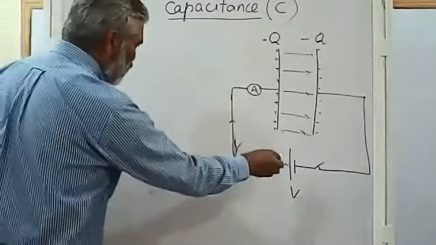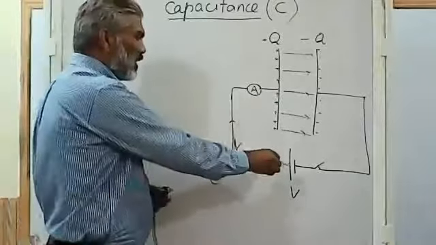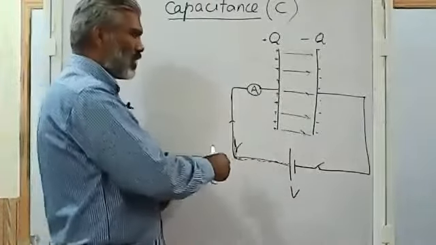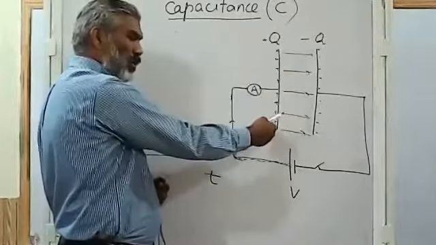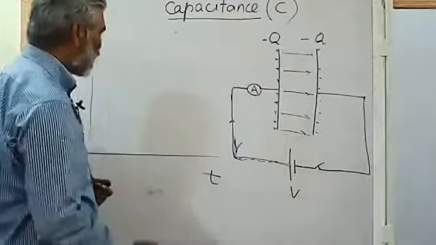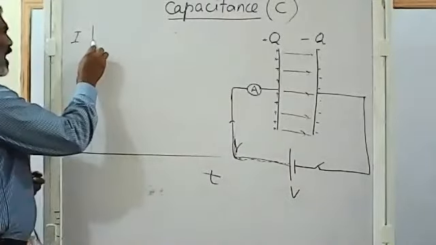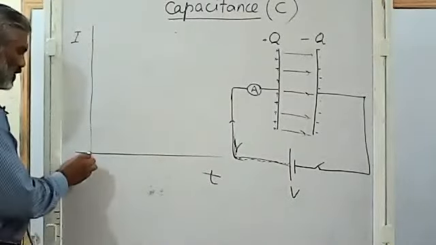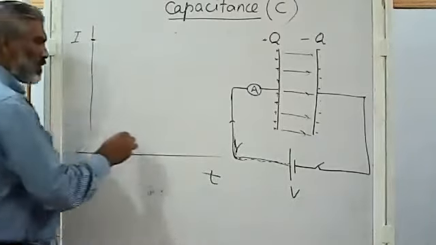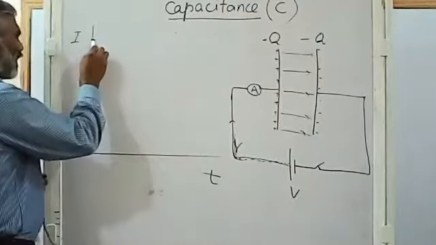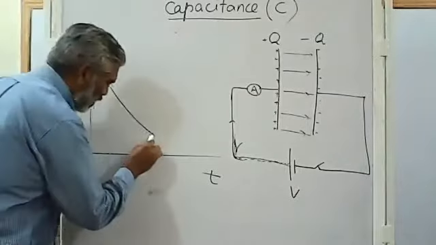As soon as you close the switch, current is large because there is no repulsion to the charges. There are no charges already on the plate. So what is expected? We have a large current in the beginning. But with time, that current decreases in this manner.